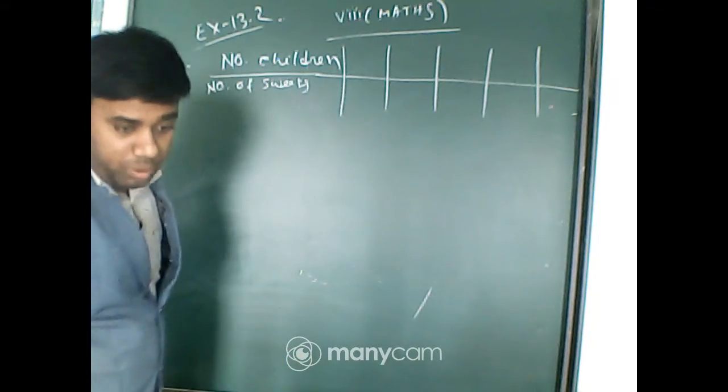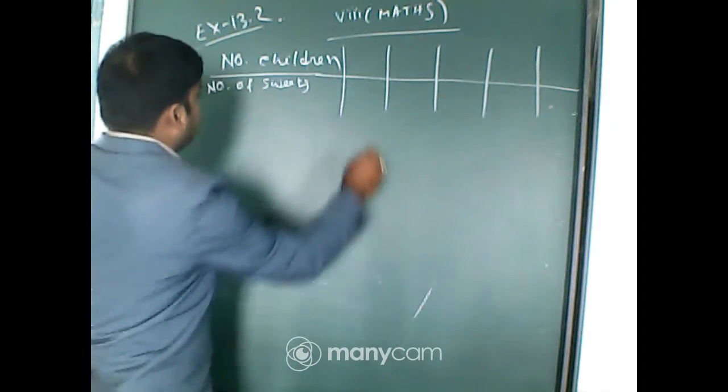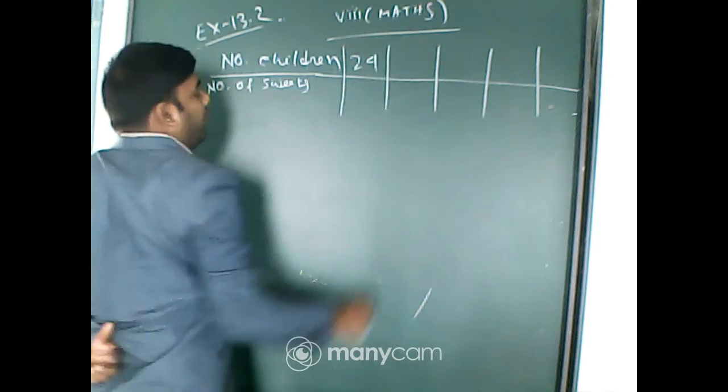Number of children and number of sweets. So 24 children, they each will get 5.